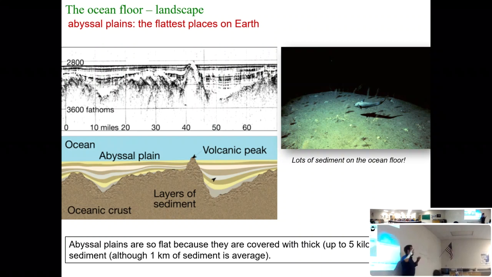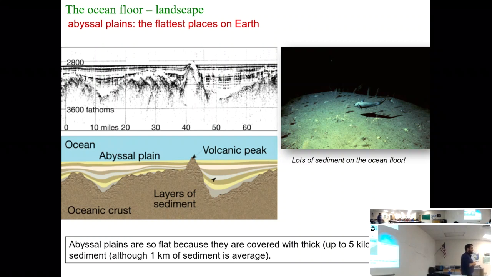And sediment, we're going to get into all the sediment next week. But there are actually some places in the ocean, actually here in the Gulf of Mexico, where the sediment's like 10 kilometers deep. I kid you not. It's like 10 kilometers deep. There are other places where there's maybe just a few meters, right?